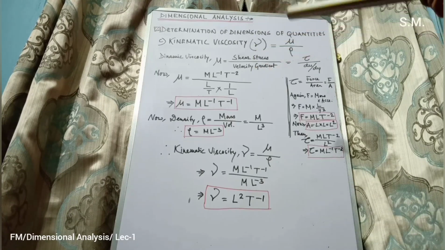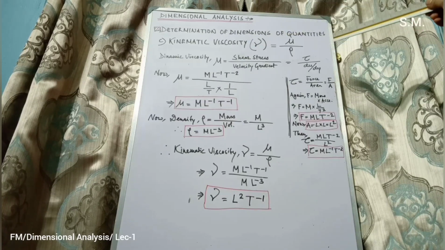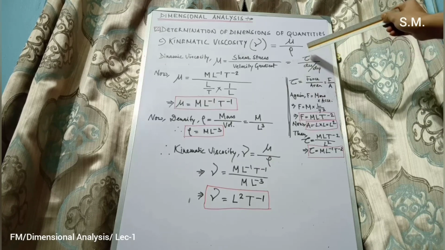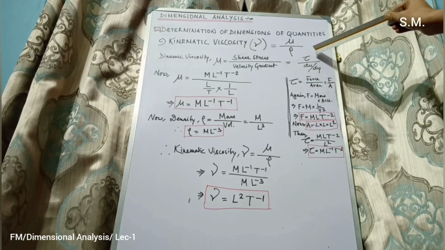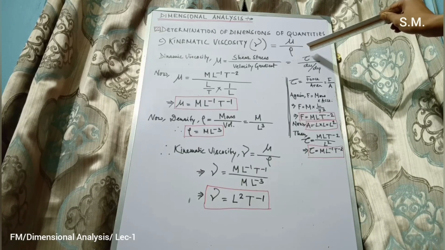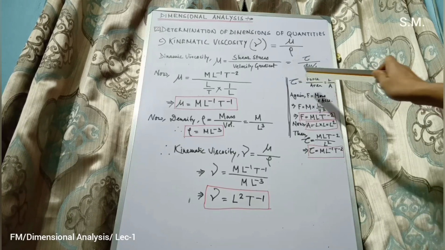Now if we want to find the dimension of kinematic viscosity, we first have to find the dimension of this particular portion. So tau is nothing but a stress. Now what is stress? Force by area. Force by area is called stress.